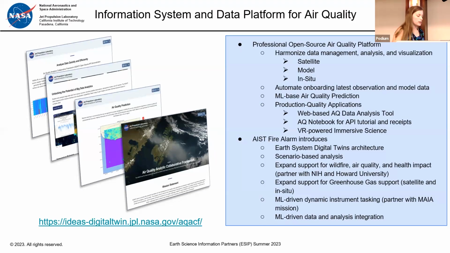This approach to prioritizing in situ data ingestion ensures that the most relevant data is fetched and available for analysis for flooding or poor air quality events as soon as possible, whilst staying within a budget for data ingress and storage. We have another web page for our air quality project at ideas-digitaltwin.jpl.nasa.gov/AQACF.